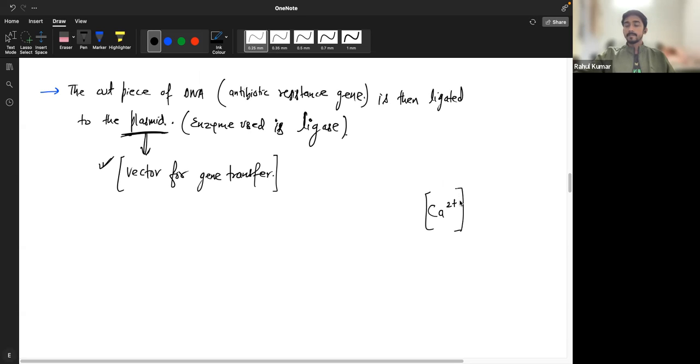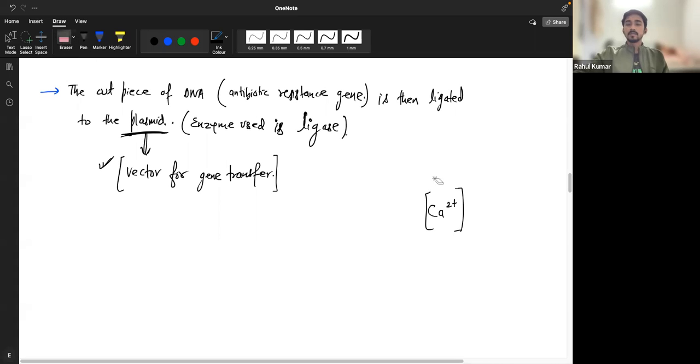Heat shock and then bombarding it with calcium ions. Calcium ions are big ions. So the moment you open the pores of a bacteria through a heat shock and they become big, these divalent cations help in the process and also help the plasmid go inside the bacterial cell.